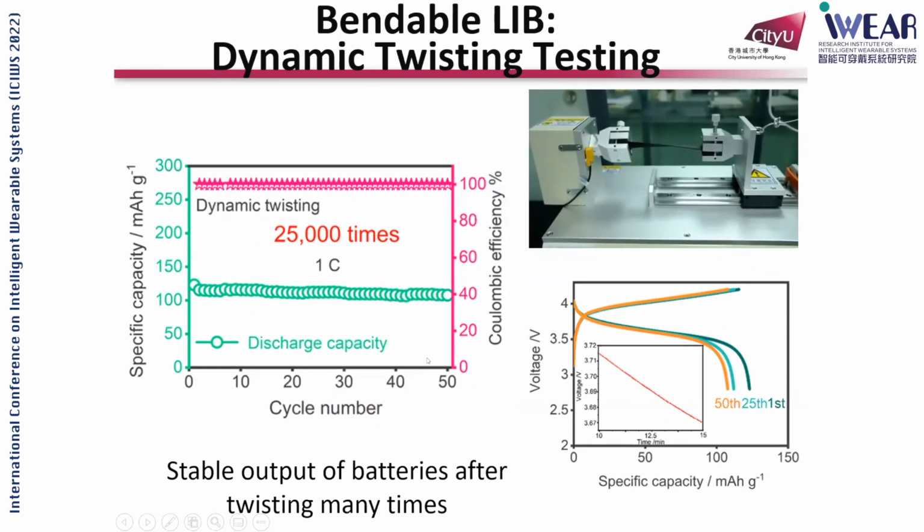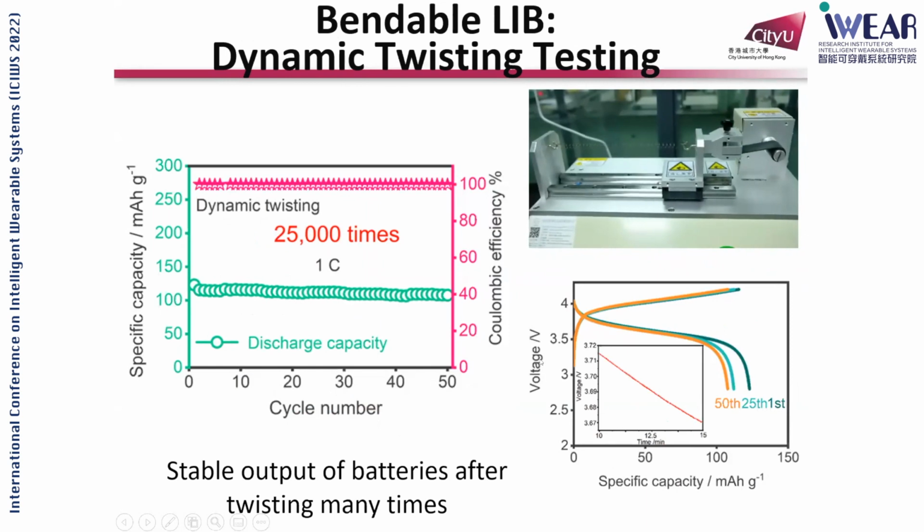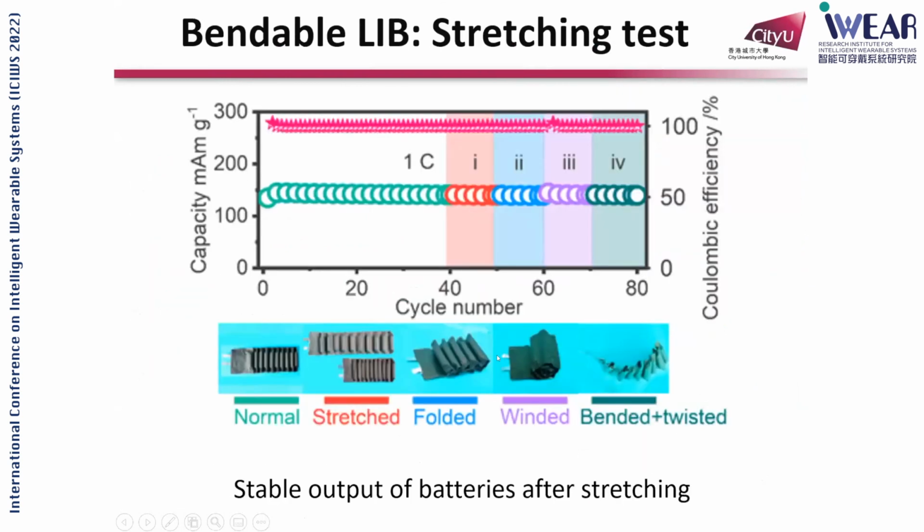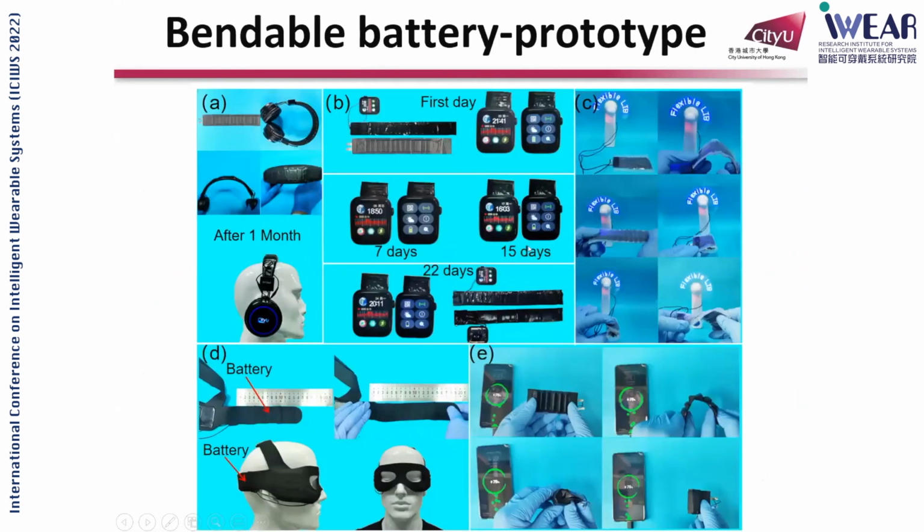You do lose some capacity, but the capacity retention is not bad. If you change it to this kind of structure, it can be stretchable. We also do a lot of demonstrations. For example, we can use our battery to power earphones, and to make a smartwatch work for 22 days, and also some other devices.